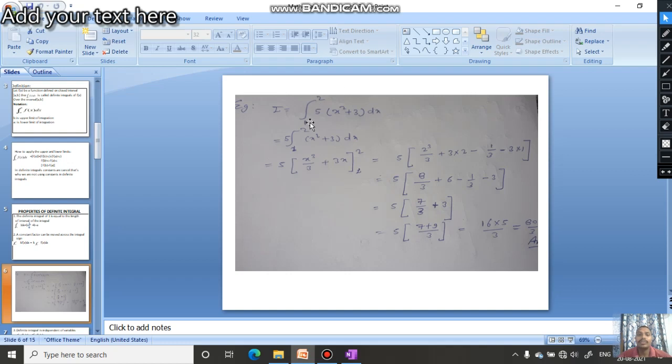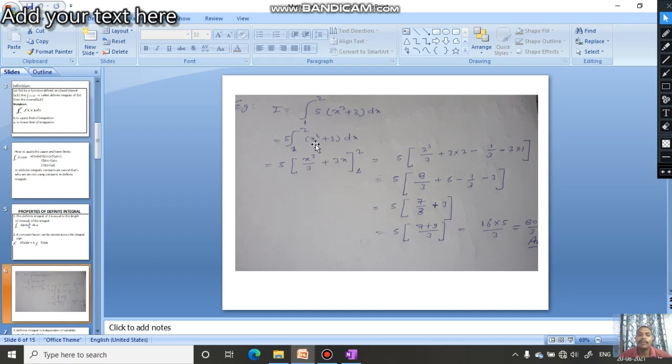This is the question: the integration from 1 to 2 of 5 x square plus 3 d of x. We simply take the 5 out of the integration because 5 is a constant and the integration is with respect to x. The final outcome of this integration is 80 by 3.